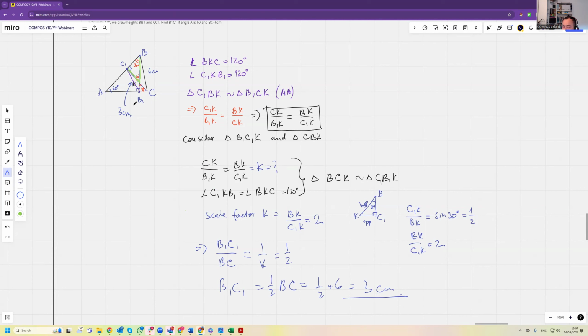How well do you understand this last question? Did you manage to follow? Oh, very well. Good. So we managed to prove that the two triangles are similar.